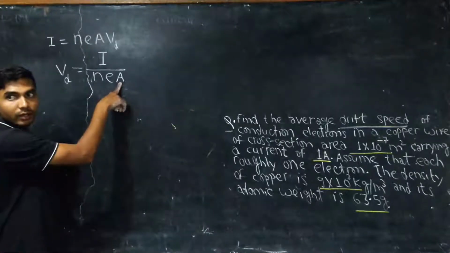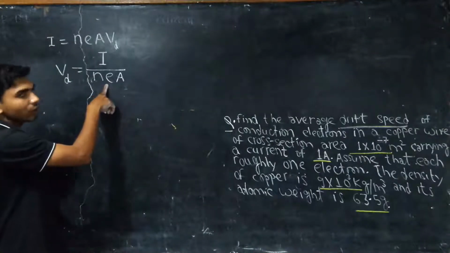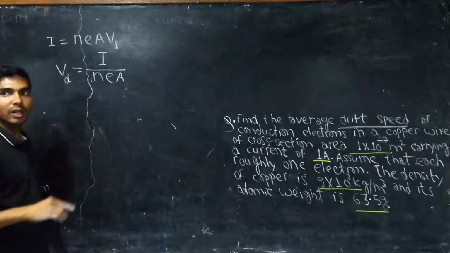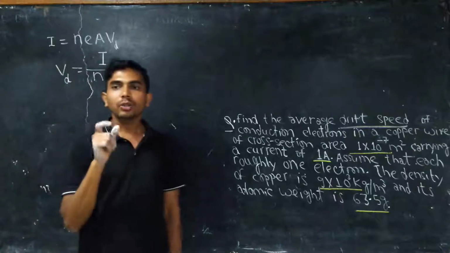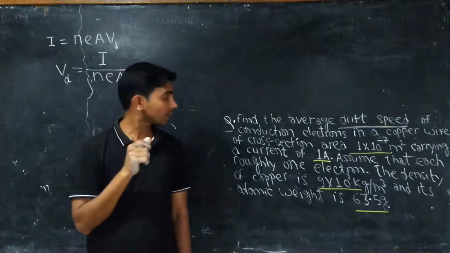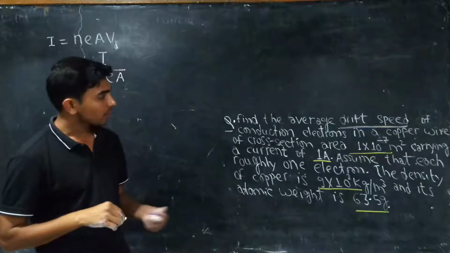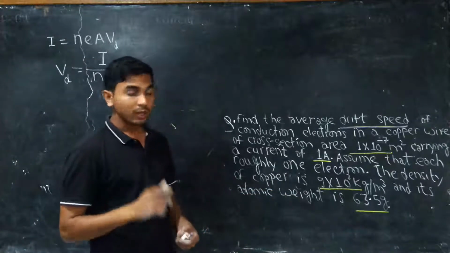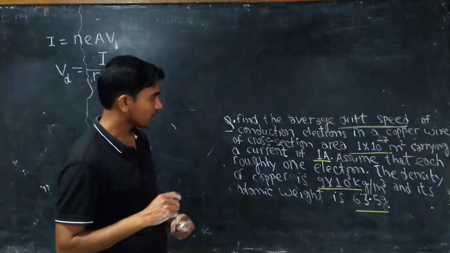Area is known to us, and the charge on one electron is also known. But what is N? N is the number of electrons per unit volume. That we have to calculate.